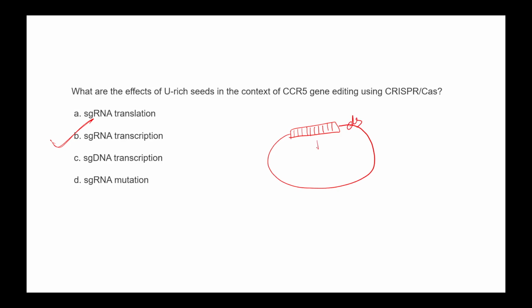Then via transcription, it will produce the guide RNA, single stranded guide RNA, which will be in frame with the tracer RNA also, which is either before it or something. So this is associated with the tracer RNA after the transcription.